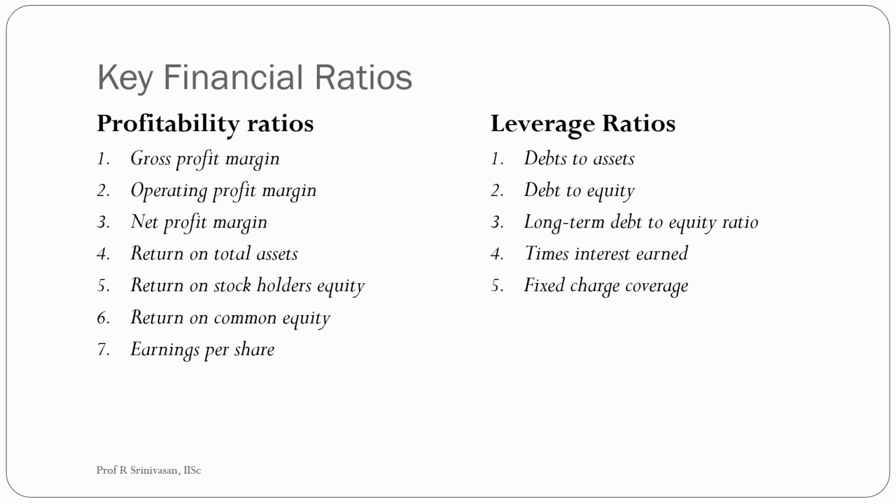So, how do you calculate this earnings per share? This earnings per share refers to profits after tax minus the preferred stockholders divided by the number of shares of the common stock outstanding.